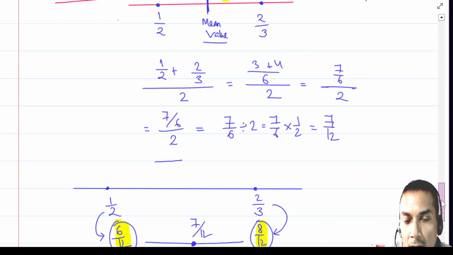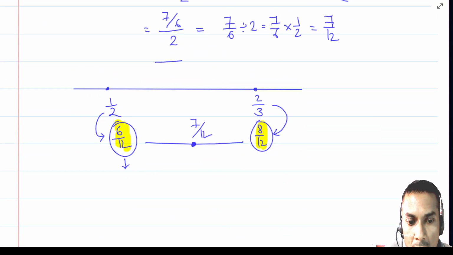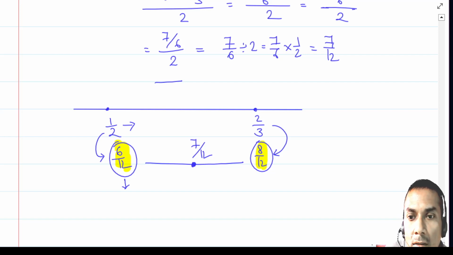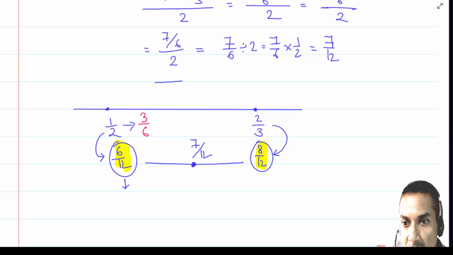So first we have to convert into like fractions or like rational numbers. You know the denominator will be the LCM, so it will be 6, and the numerators will be 3 and 4.